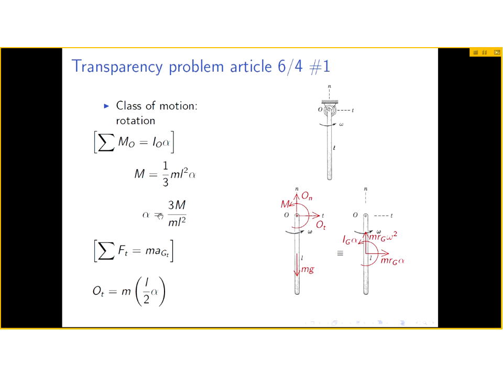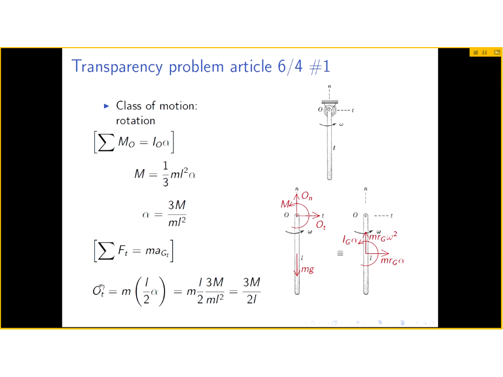Now, since we've already calculated alpha in the previous step, we can substitute alpha in here, and if we do, we find that O sub t is just 3M over 2L. And with that, we've answered one of the questions they've asked us. They asked us to calculate the bearing reactions O sub t and O sub n. So O sub t has been calculated in terms of the applied couple M at that instant.